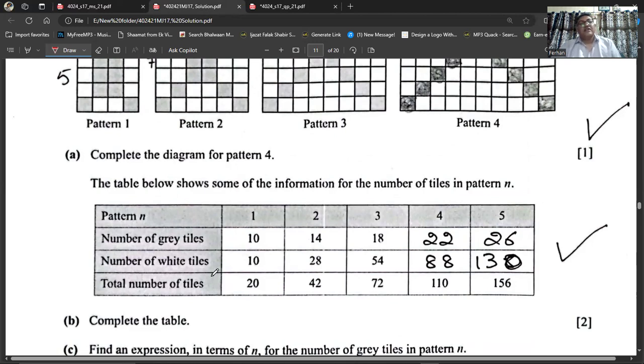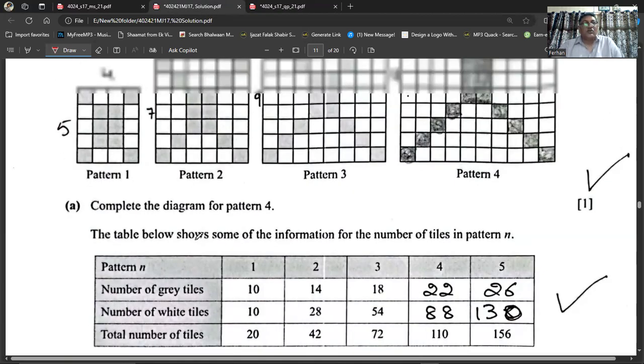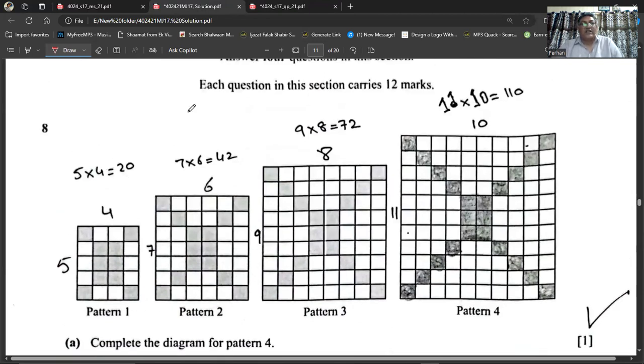Okay. The number of white tiles, there are 10, 28, 54. So here you have multiplied with the 1, here you have multiplied with the 2, here you have multiplied with the 3. So here you will multiply with the 4, here you will multiply 26 with the 5. So you see, I catch the pattern. Then the number of the total tiles, I just showed you here, 20, 42, 72, 110.